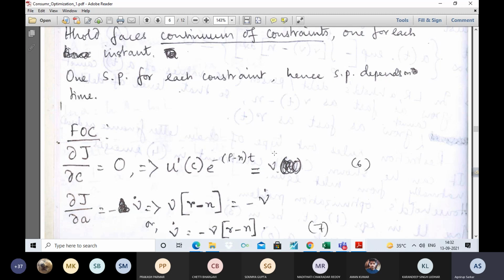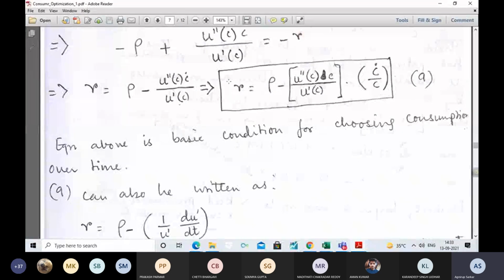You would get a value of nu after you differentiate it with respect to time, and you can substitute for nu from this equation, and for nu dot from equation 7 that you have already obtained as the second first order condition. If you combine these two, you would get the basic condition for choosing consumption over time. And this is what you would get after some manipulation.